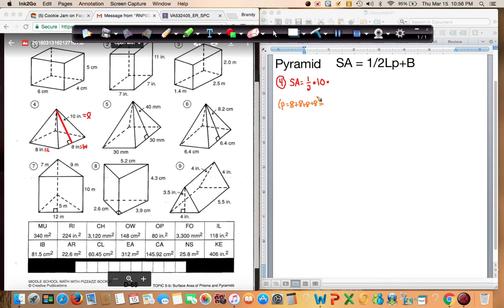So I'm going to do this math for you because it'll make it easier for this part. 8 plus 8 is 16, plus another 8 is 24, plus another 8 is 32. So that's our P right here, let me go back to my red, is going to be 32.